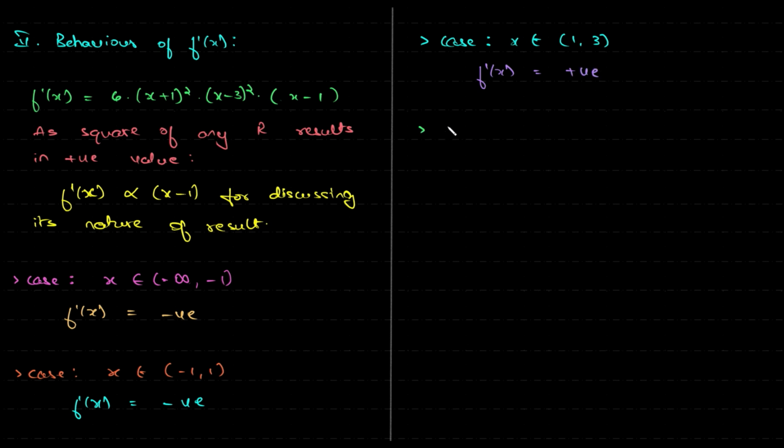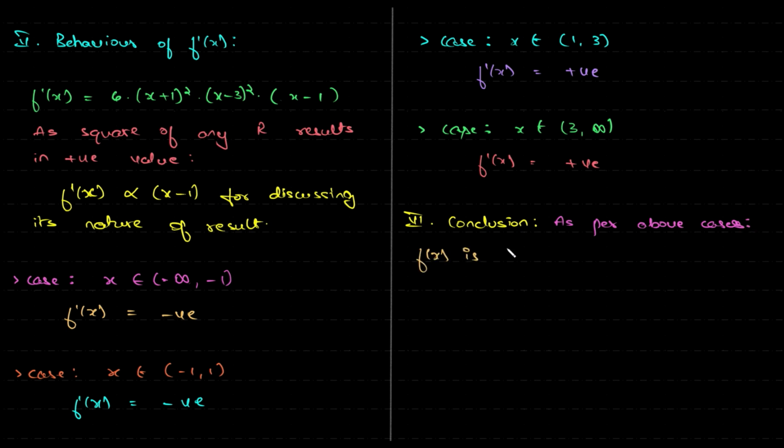And finally, case x is from 3 till infinity, then f prime of x is positive here too. And finally, we can conclude the answer as per the above cases.